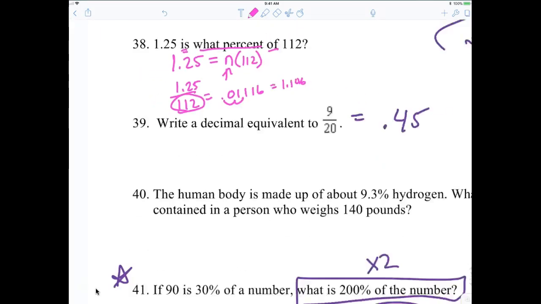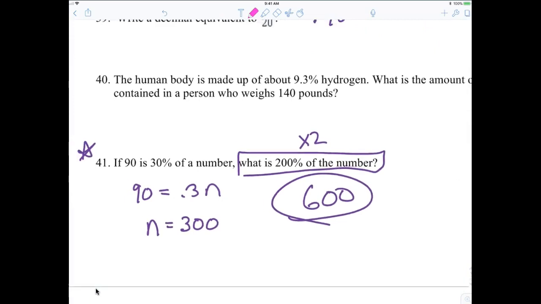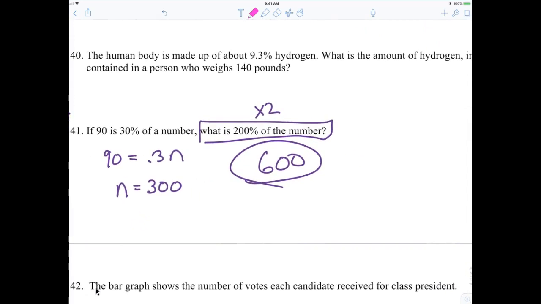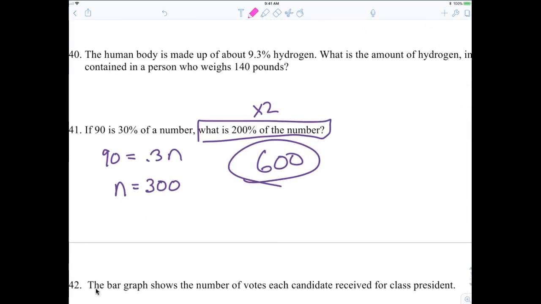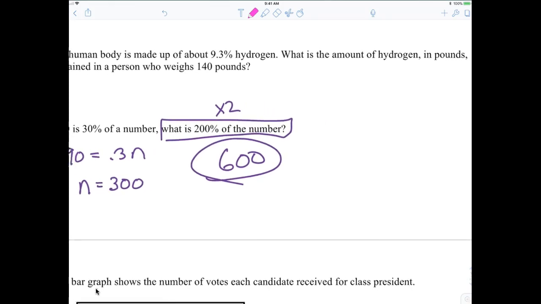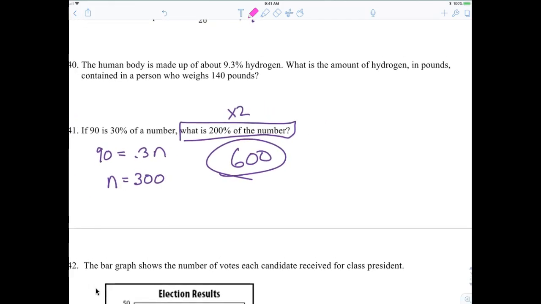All right? And last one for today. The human body is made up of 9.3% hydrogen. What is the amount of hydrogen in pounds of a person who weighs 140 pounds? What do you think? Tell me. And do what?